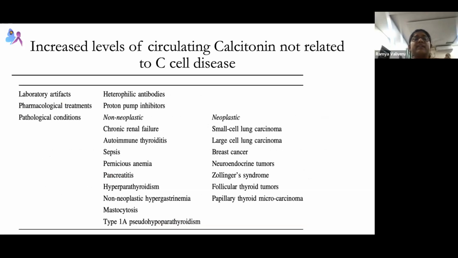Laboratory artifacts like heterophile antibodies can also produce spuriously high calcitonin levels, and prolonged treatment with PPIs can also cause this. Other malignancies like small cell lung, large cell lung, breast cancer, neuroendocrine tumors, etc. Sometimes papillary thyroid microcarcinomas have also been associated with falsely elevated calcitonin without a C-cell disease.